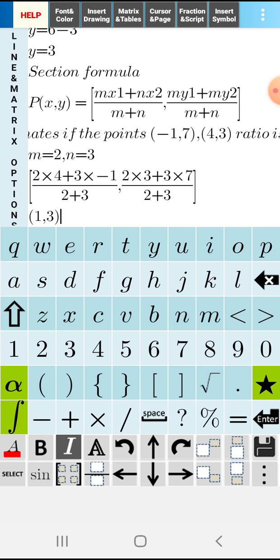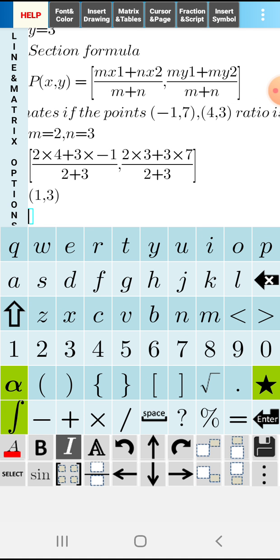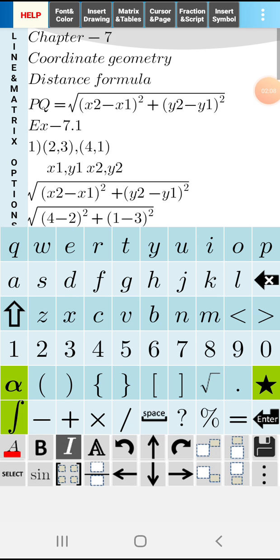Like this, by putting this formula, if they have given a ratio, take the first number as m and the second number as n, then solve it and you will get the answer. There are some more sums in that, so read that.